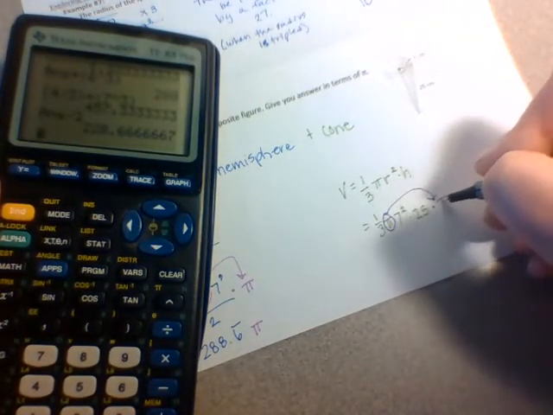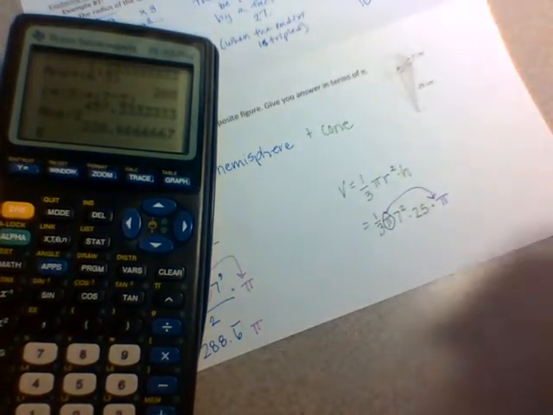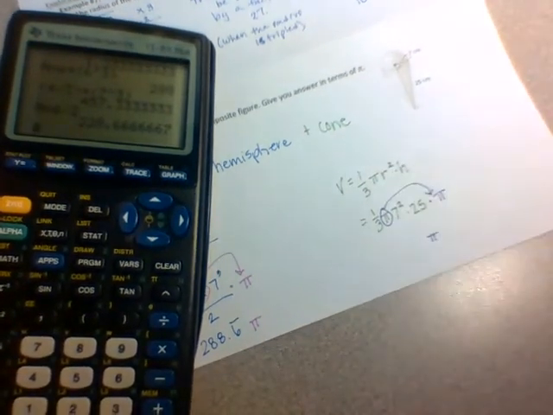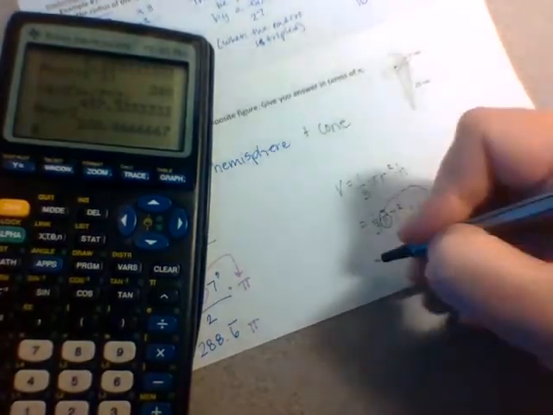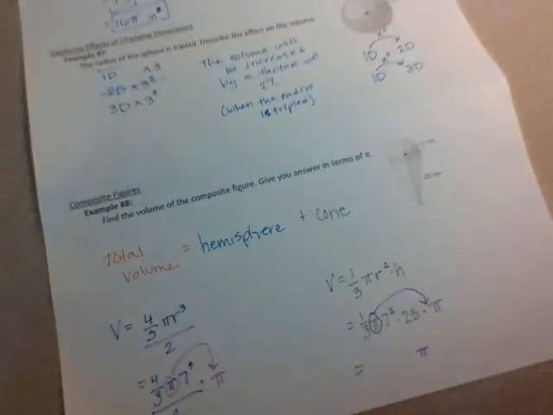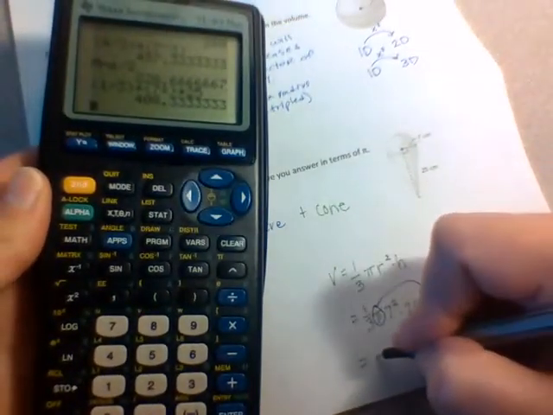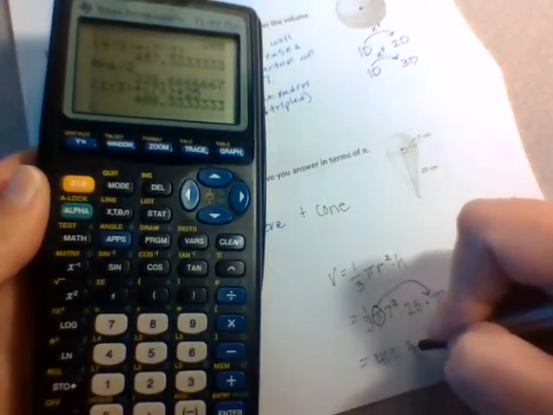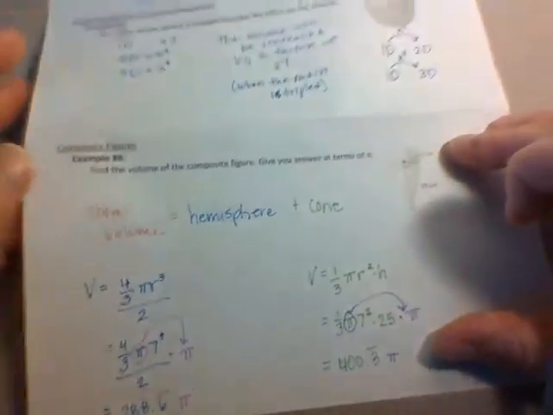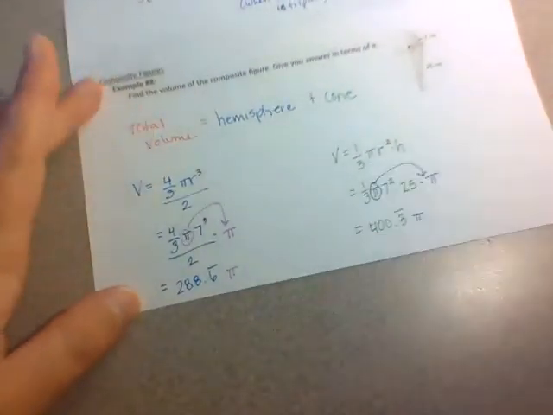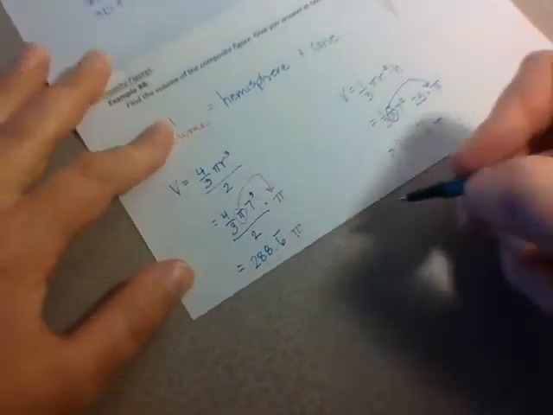So if we take the pi out back here, we're going to get a value in the front of 1/3 times 7 squared times 25. And so we have 400.3 repeating as the volume of the cone. And so now we're going to put these two together in order to get the total volume.